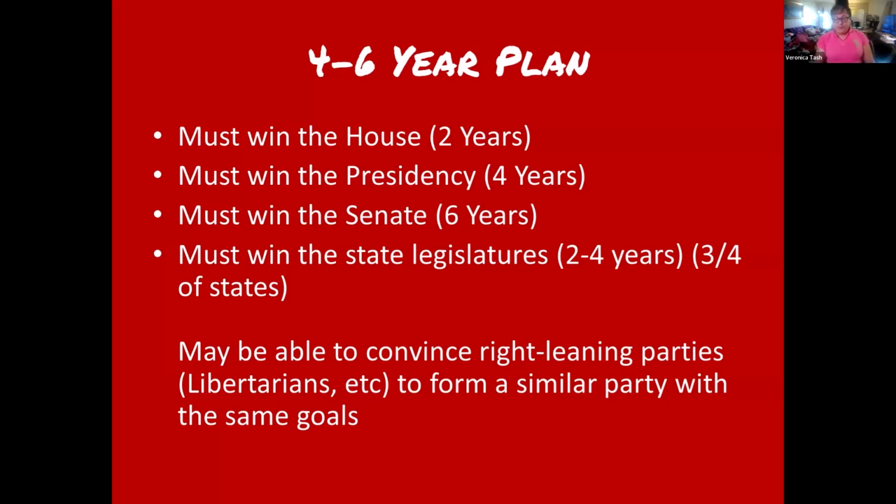And we also may be able to convince right-leaning parties, such as the Libertarians, to form a similar party with the same goals. They would have that minimalist right-wing agenda that is like the moderate Republicans or something like that. They would be our counter position, but we'd all be working for that same constitutional convention.